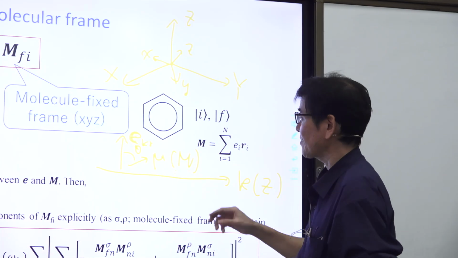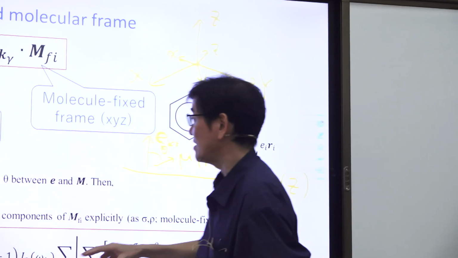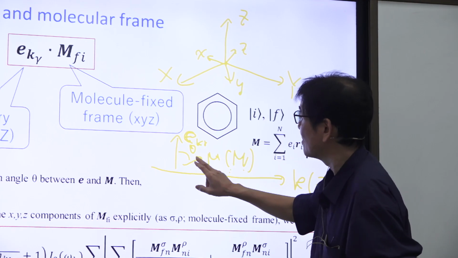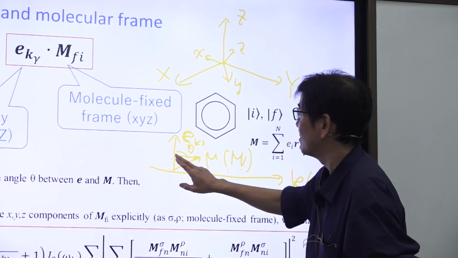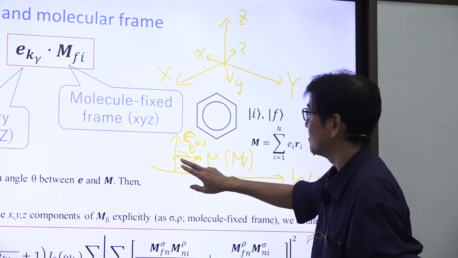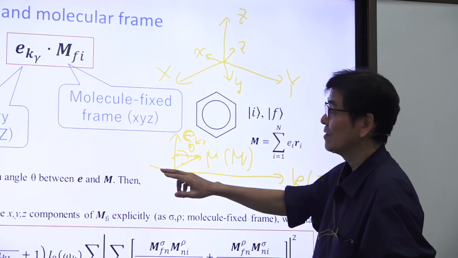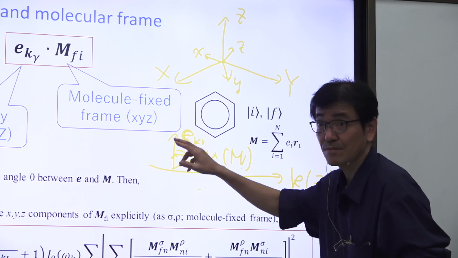Okay? Then cosine theta, and by considering cosine theta, we can calculate the inner product.